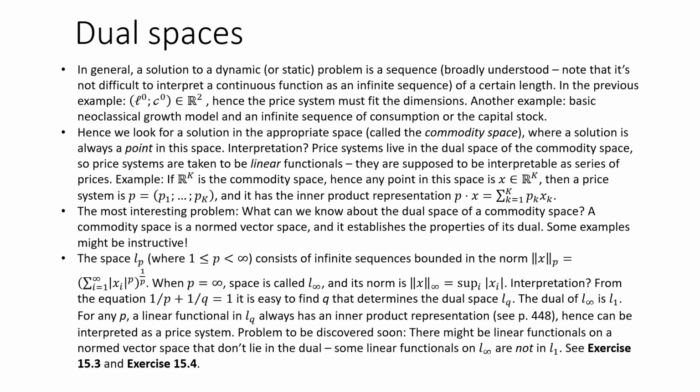Some examples are very instructive. The textbook contains a couple. Here I want to pick only one, because these are the spaces which we are going to use the most. For any finite p, LP is a normed vector space that consists of infinite sequences which are bounded in the appropriate norm.